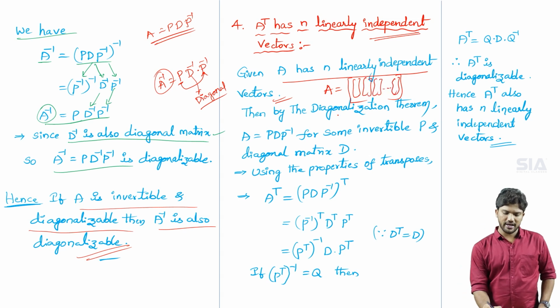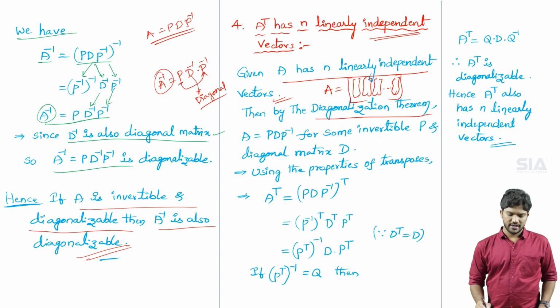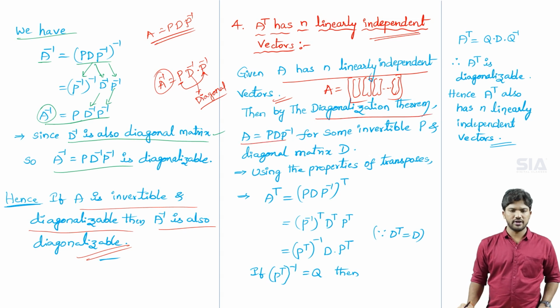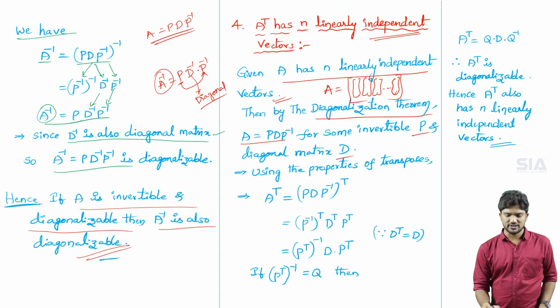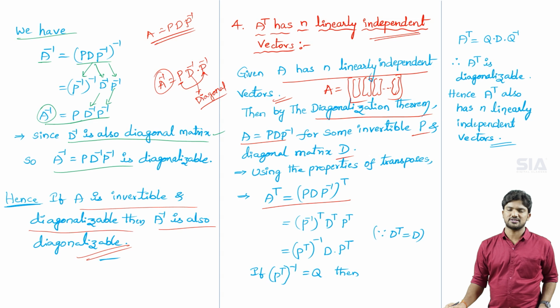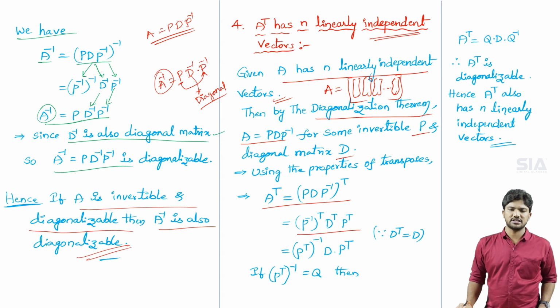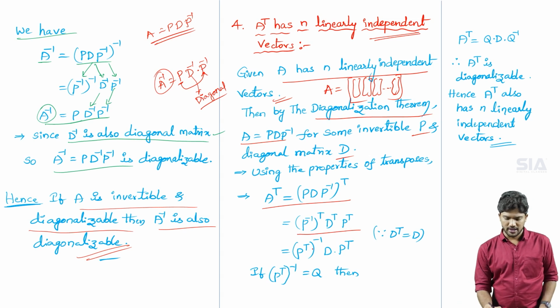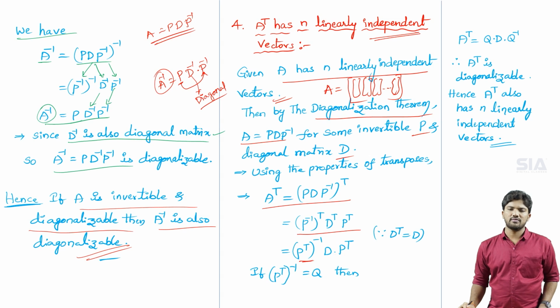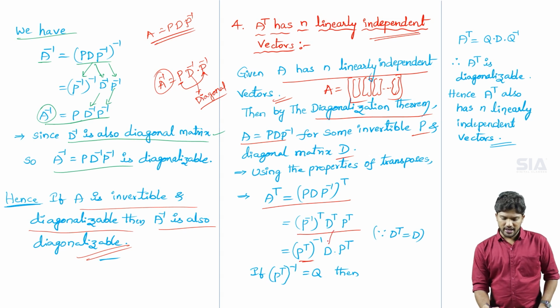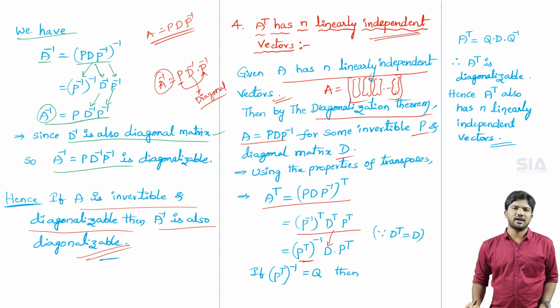Then by the diagonalization theorem, capital A is equal to P into D into P inverse for some invertible matrix P and diagonal matrix D. Using the properties of transposes, you can apply that to A transpose. A transpose is equal to (P D P inverse) whole transpose. Then we can separate the property: (P inverse) whole transpose into D transpose into P transpose. So therefore (P transpose) whole inverse into again D transpose. Again you will get capital D only.